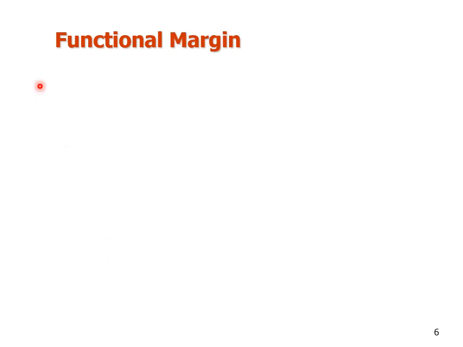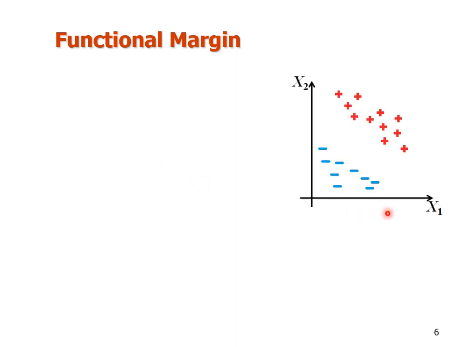Now let us try to formulate the notions of the functional and geometric margins. Let us see the same figure that we have seen earlier. We have a few samples, positive and negative, described with two features x1 and x2. The hypothesis, or the hyperplane or the decision boundary, is represented as w transpose x plus b equal to 0.